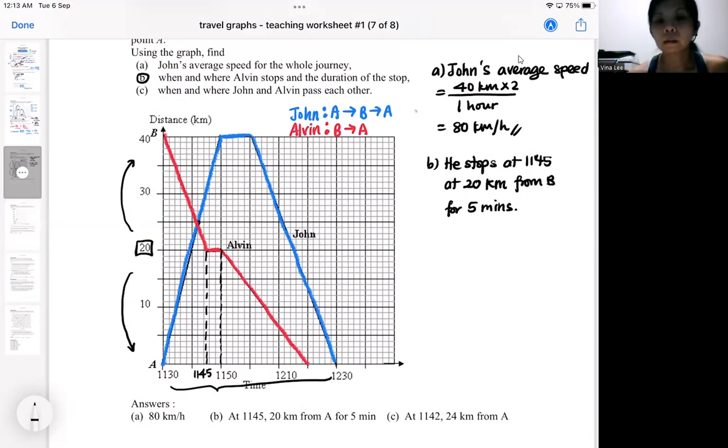Okay. And then the last part: when and where John and Alvin pass each other. So I got to look for the intersection point. I think it is at 11:42. You can count how many minutes one square represents.